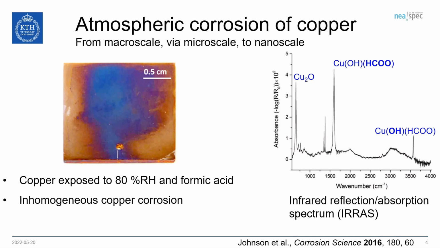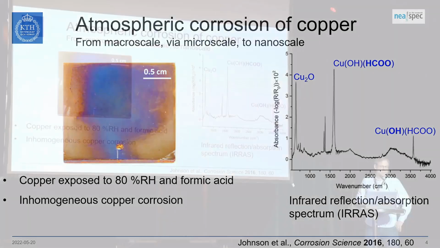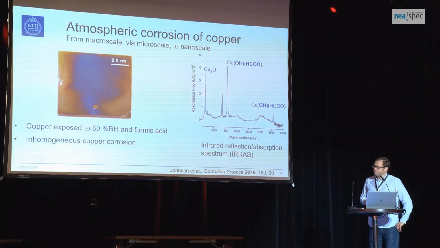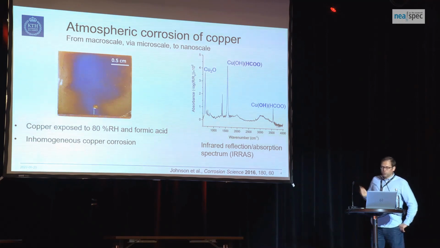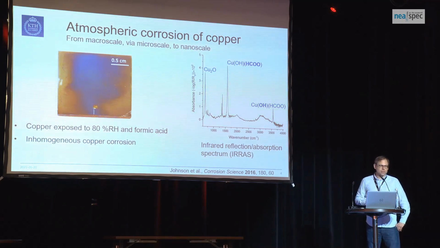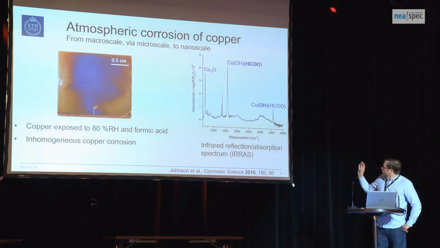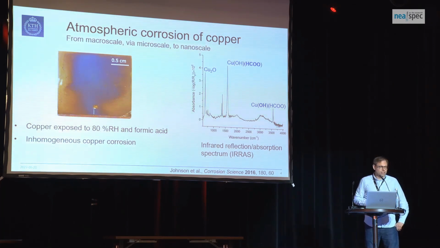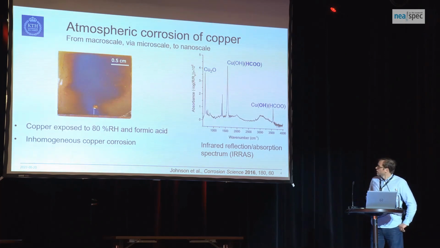Well, you can clearly see with your eyes that the corrosion is not homogeneous. You have a lot of bluish area in the middle, which is copper oxide, and on the sides not so much has actually happened. Then we take an infrared reflection absorption spectrum, also called grazing incidence IR. Essentially we have two corrosion products that we form in this case.